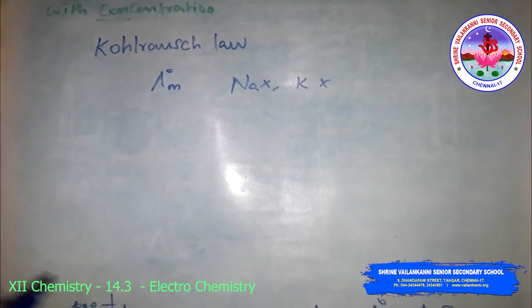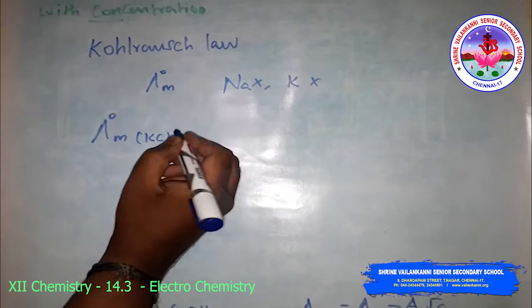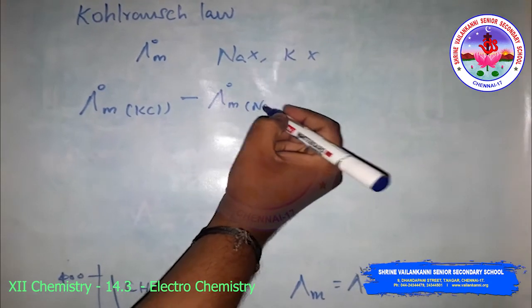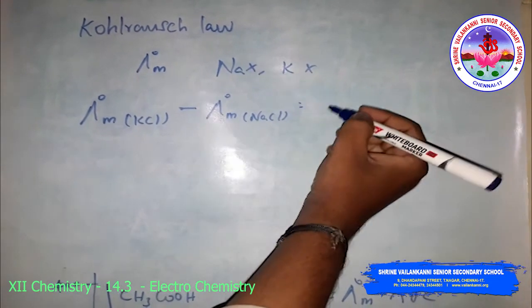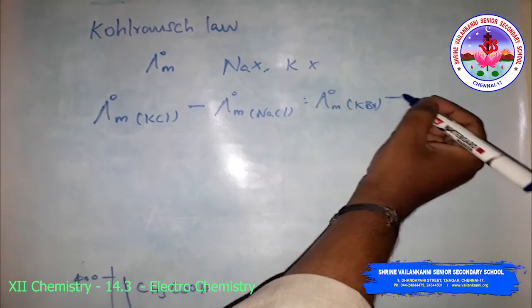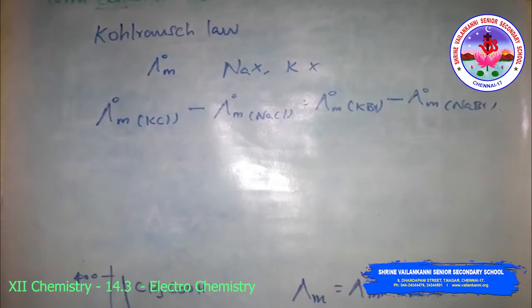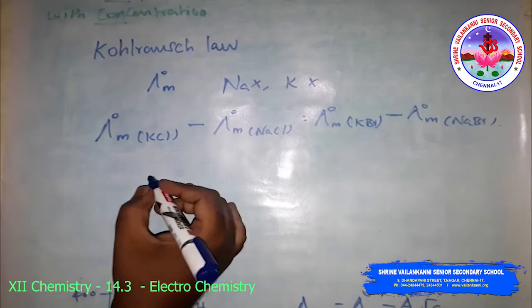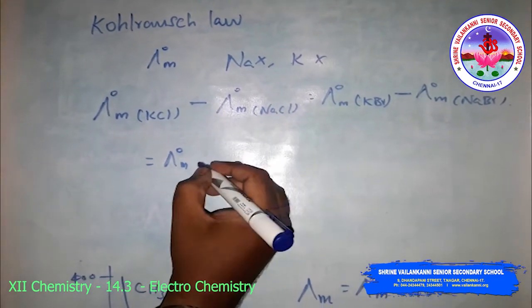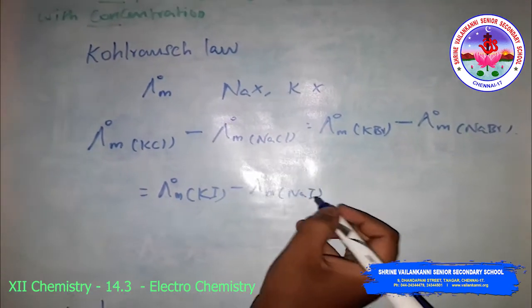For example, at 298 Kelvin, limiting molar conductivity of KCl minus that of NaCl is equal to that of KBr minus that of NaBr, which is equal to that of KI, potassium iodide, minus that of NaI, sodium iodide.